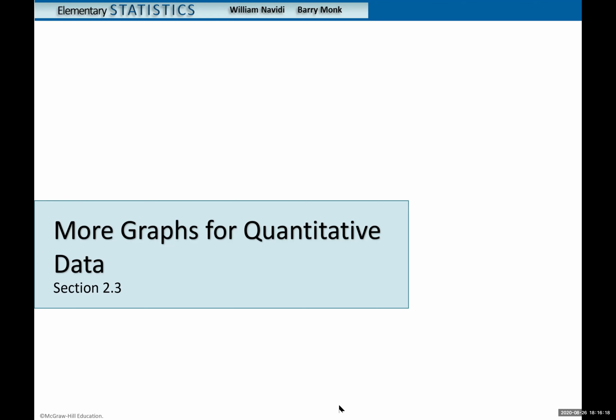So yeah, the graphs of qualitative data. What do we use to graph those qualitative data? The pie charts, the side-by-side bar, and the horizontal bar.